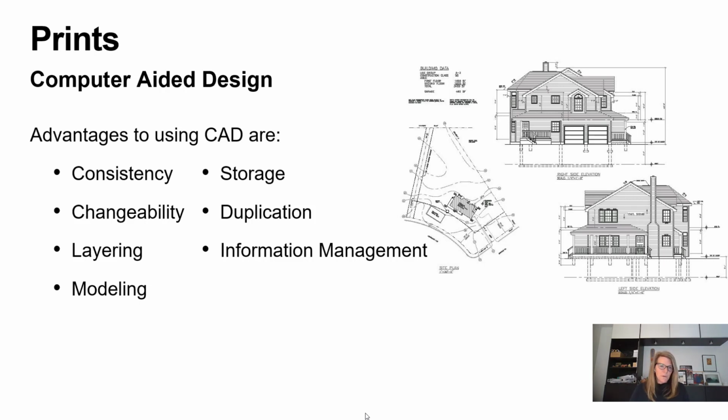There's also being able to view the building and model it in different ways, as well as being able to store drawings in electronic mediums and take those to the job site and have that information there, as well as the physical space. Duplication, where you can create the documentation for a project and then duplicate it very quickly, as well as information management for a project.